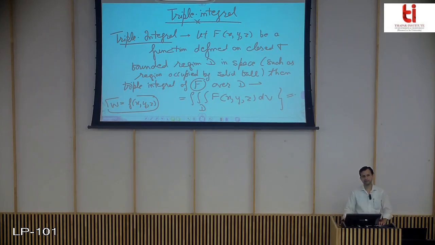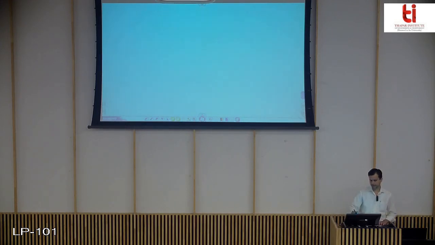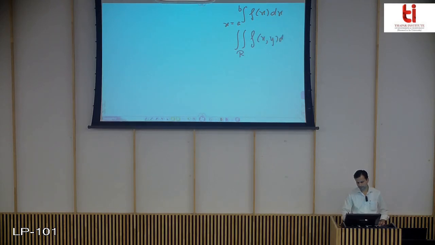Earlier, remember that when you have a single integral, you have the integral of f(x) dx from A to B. Basically, you are on the line or x-axis, with limits x equals A to B. Then you switch to two variables, and here you have a region in the xy plane.